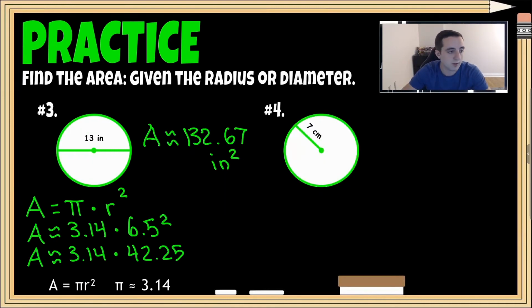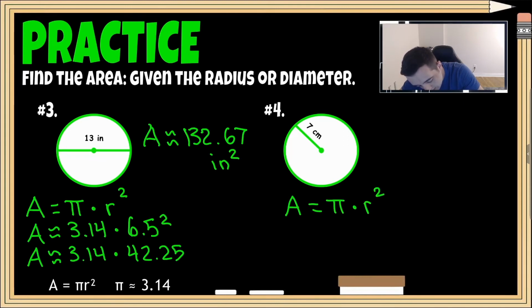Okay, move the calculator out of the way. Hopefully you got number 3 right, and now let's go over the last one. So area equals pi times the radius squared. Plug in our values, so area is approximately 3.14 times our radius squared, which is 7 squared.